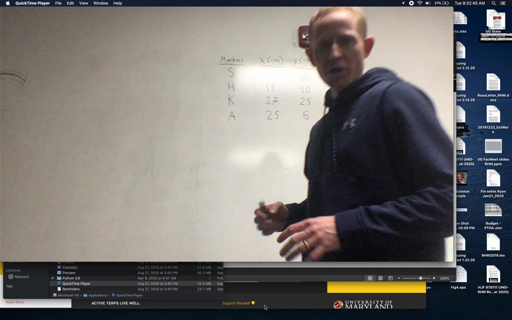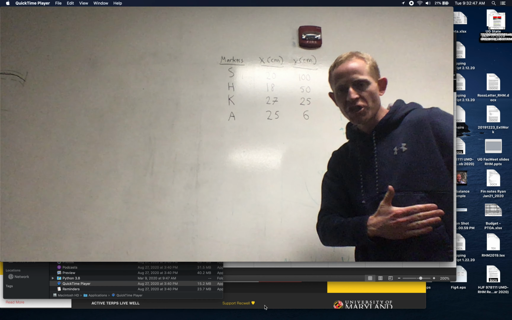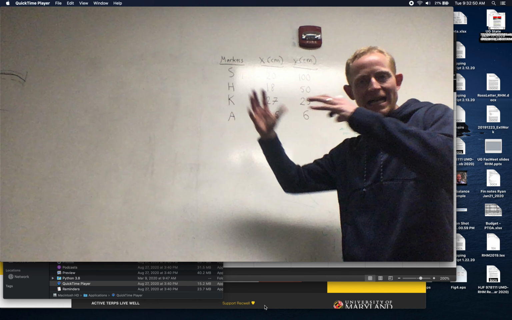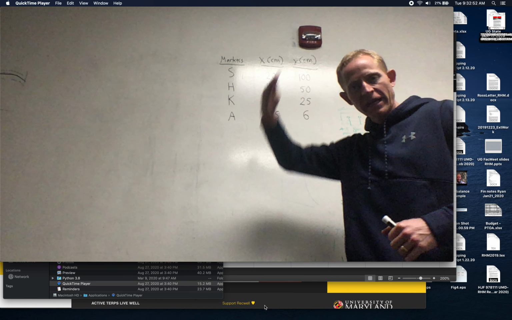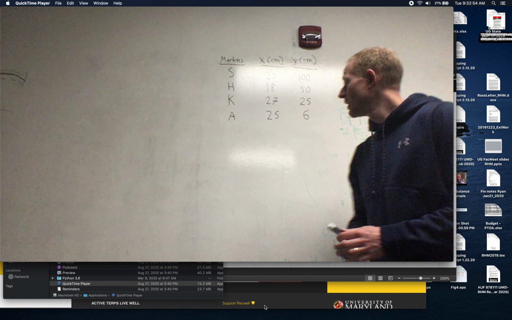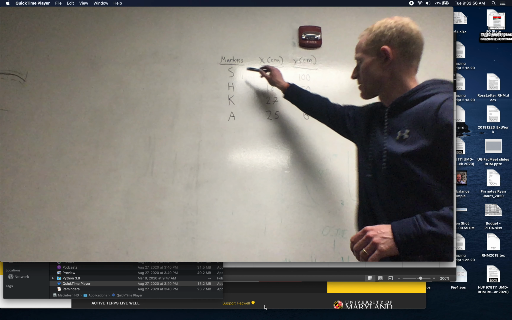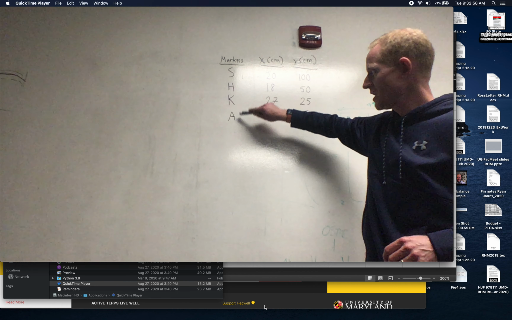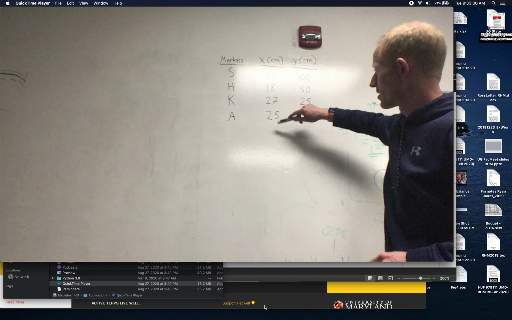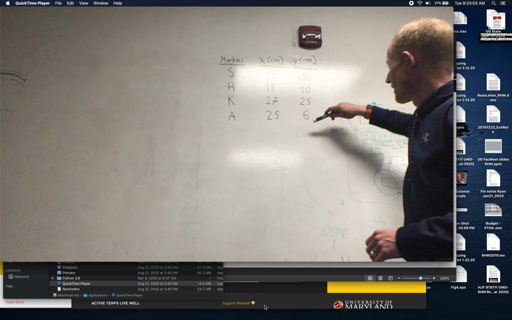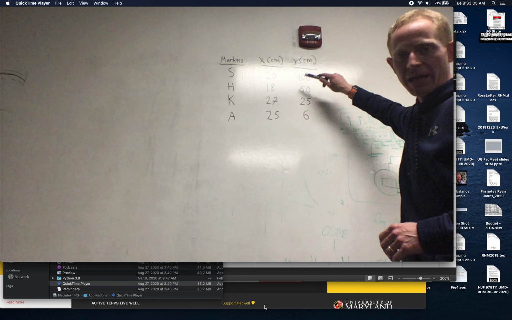For each one of those markers, you'll get their location on the x-axis in the lab in the global room here, and their location on the y-axis in the lab. And so that's what these data are here: S for shoulder, H for hip, K for knee, A for ankle, the X location of that marker, and the Y, the vertical location for that marker.